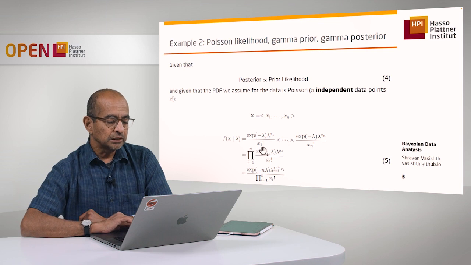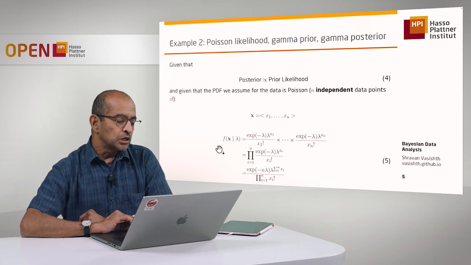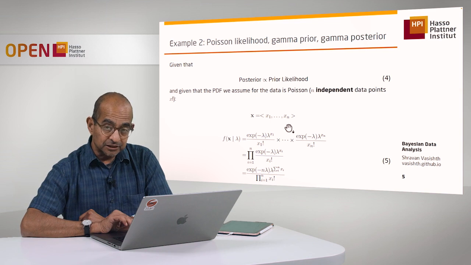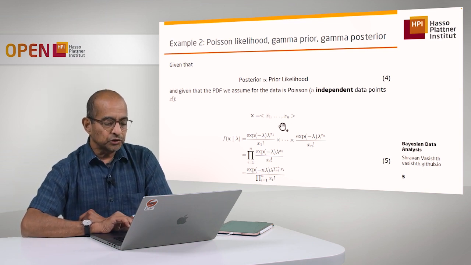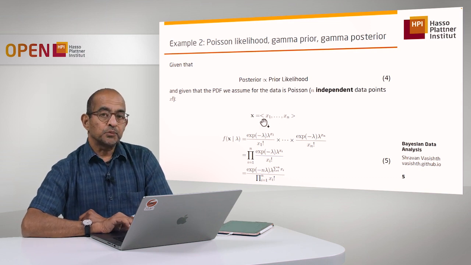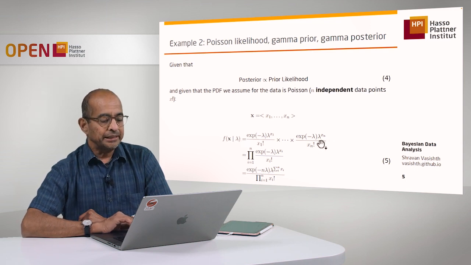If you recall, the formula for the Poisson distribution was this thing here, where x is the data, right? So all I have to do now to figure out the probability of this vector of data points is to take each of those data points, x1 through xn, plug it into the Poisson likelihood, and multiply out each of those values with each other.